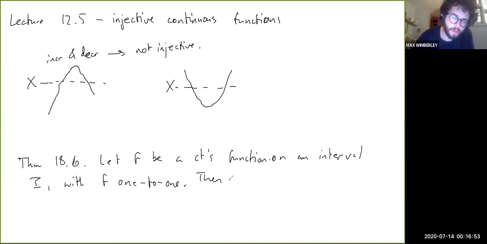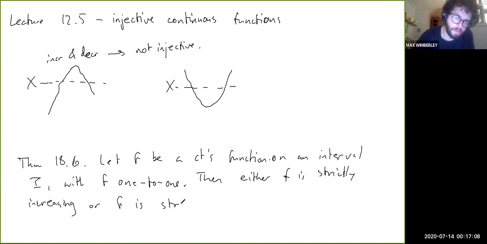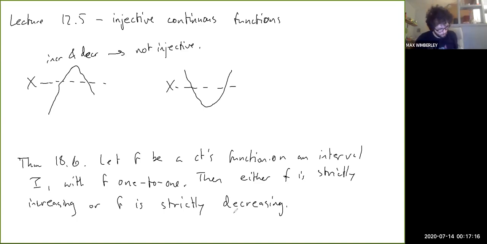Then either f is strictly increasing or f is strictly decreasing. Okay. So here is the proof.